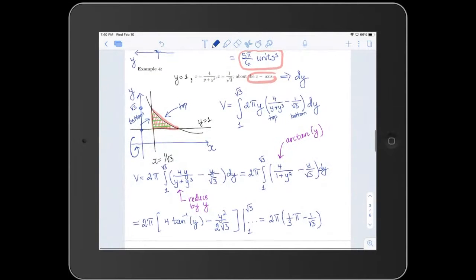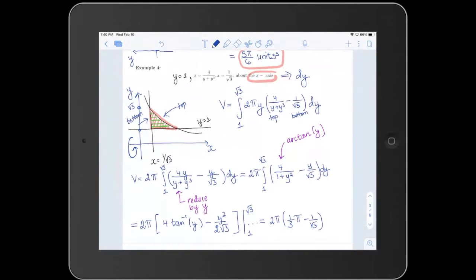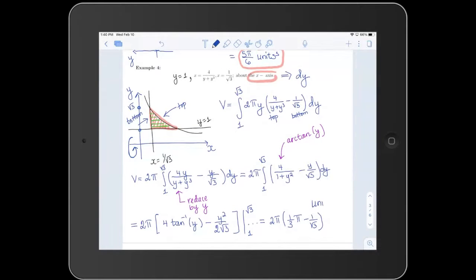So let me project the whole thing on one screen. Are there any questions that you would like to discuss related to this problem and then the section in general?